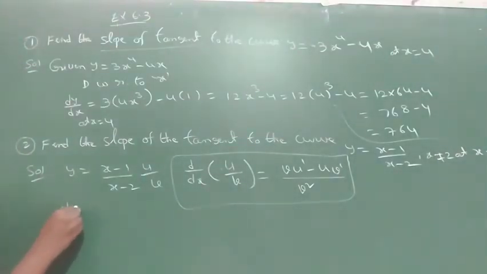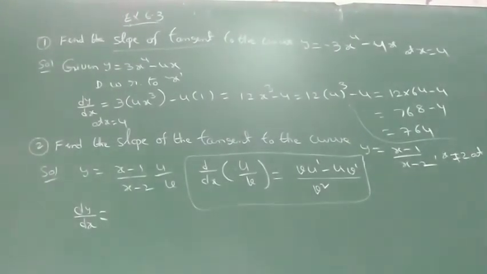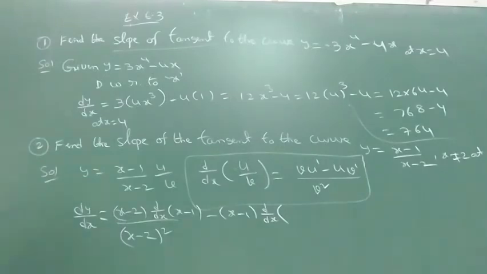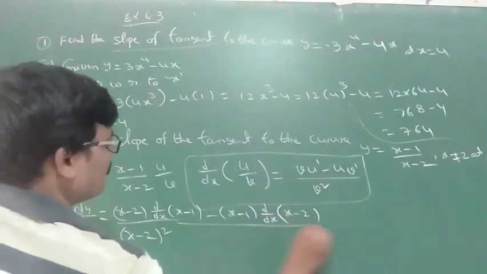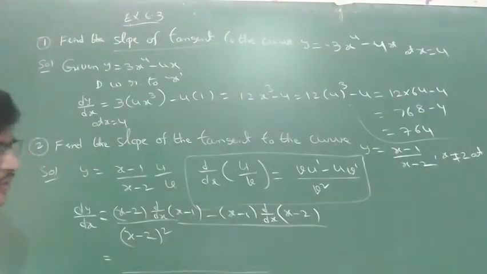So dy by dx is equal to x minus 2 into d by dx of u, that is x minus 1, minus u, that is x minus 1, into d by dx of v, that is x minus 2, all by x minus 2 whole square.